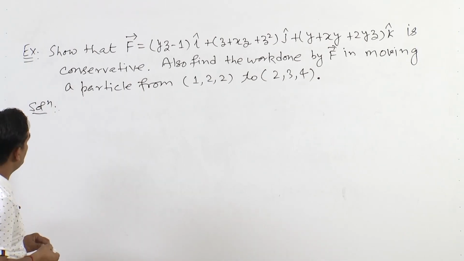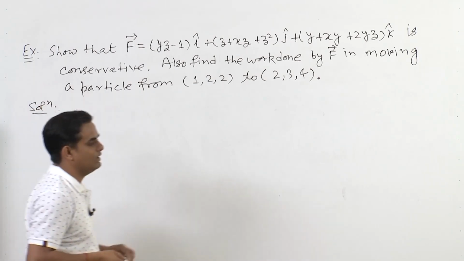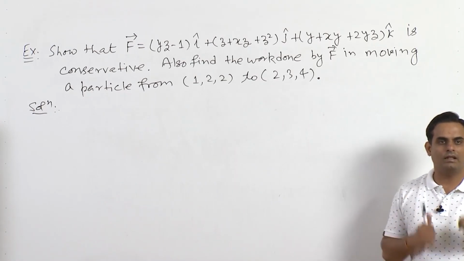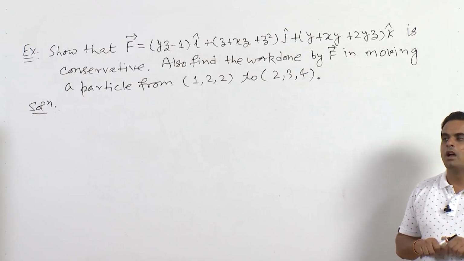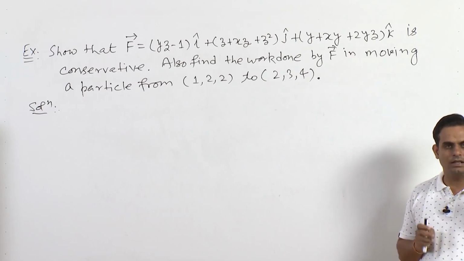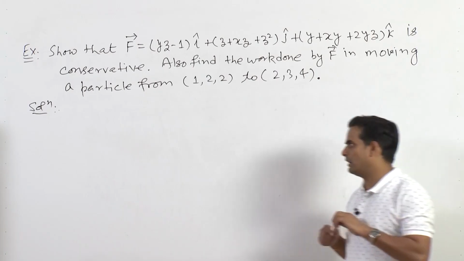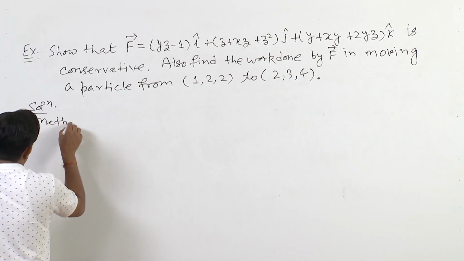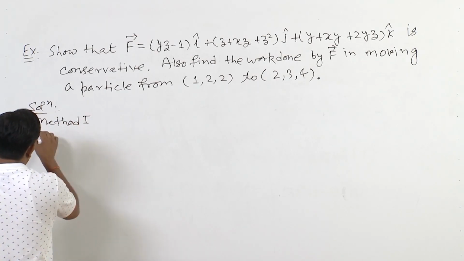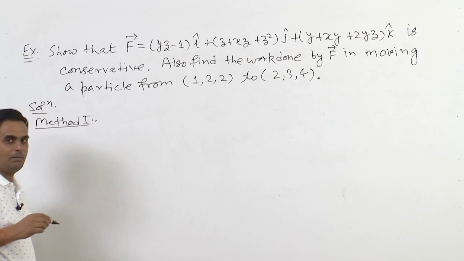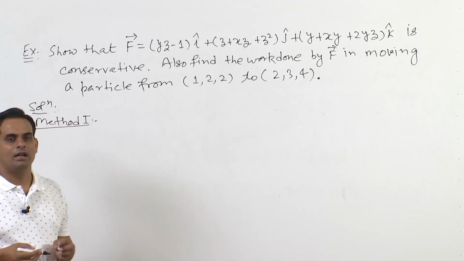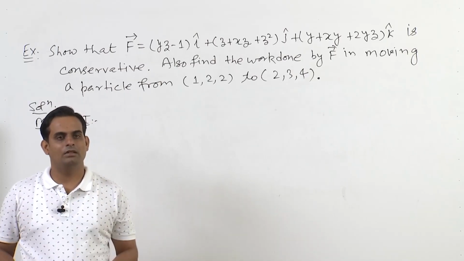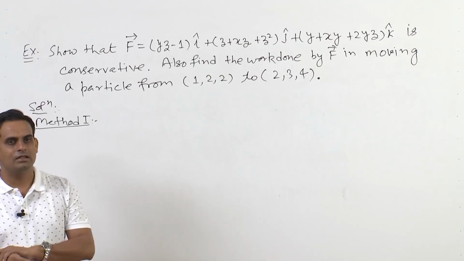Okay. So, in the first sentence of the question, I need to show that the force vector is a conservative vector field. This I can do using 3 methods. Let us take method 1. If F is conservative, meaning F equals grad phi, and curl of grad of any scalar function is always 0.